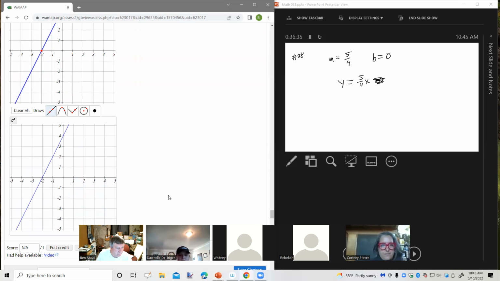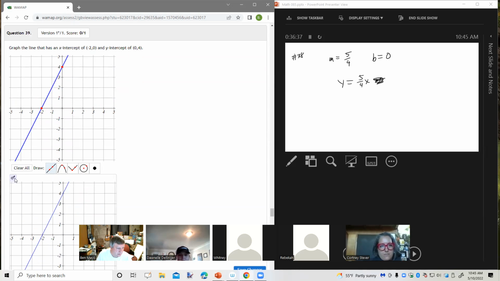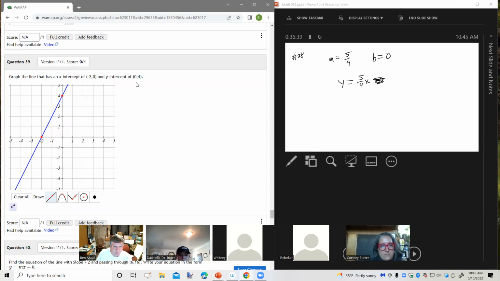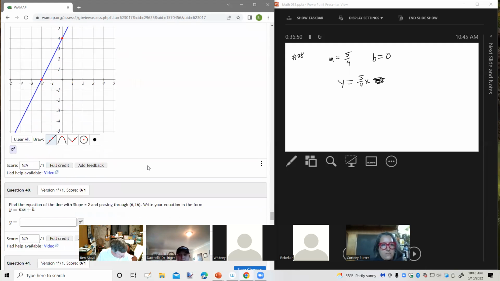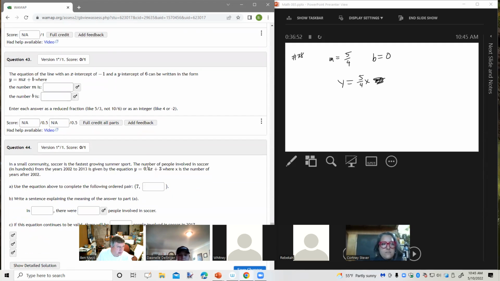There it is. So again, if you've got 2 points on a line, that's a straight line, that's all you need to plot the graph. Okay, let's go on to 43.